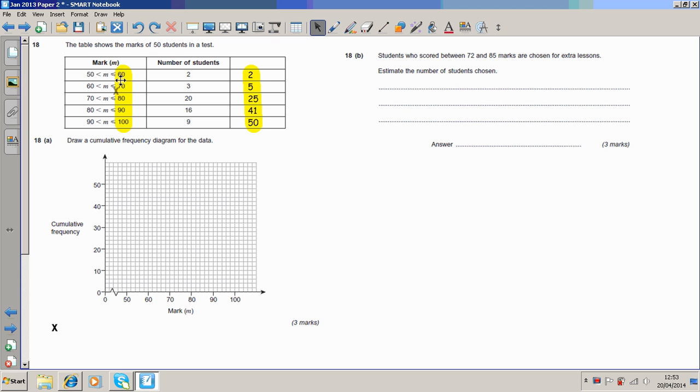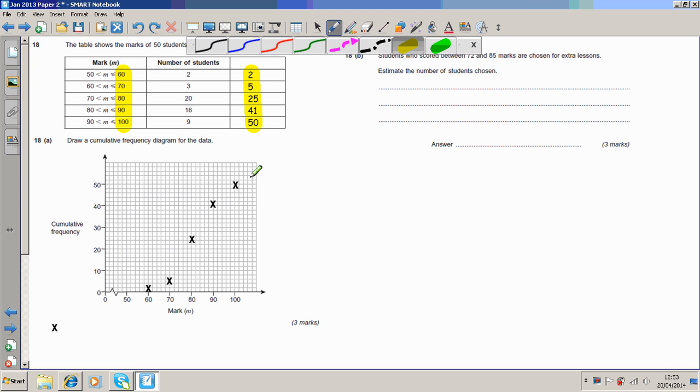Alright, so upper bound 60 goes 2, 70 goes 5, 80 goes 25, 90 goes 41, and 100 goes 50.